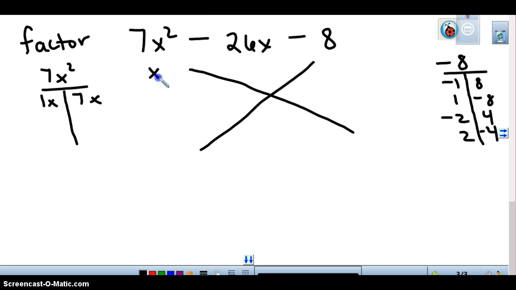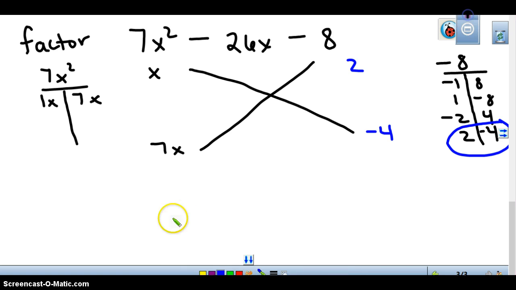So I'm going to start with my x and 7x. What do you suggest is the best set to use on this right side? I'm thinking negative 4 and 2.